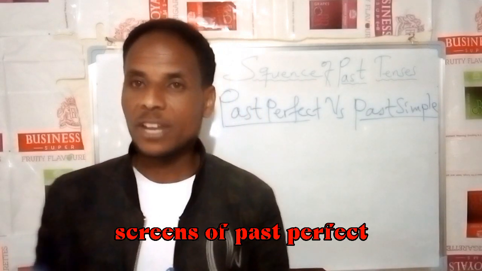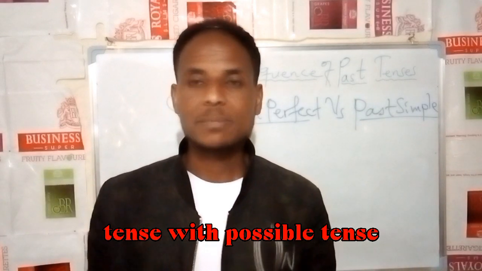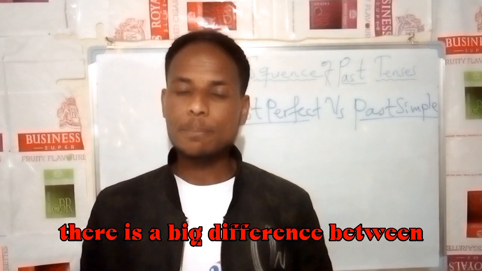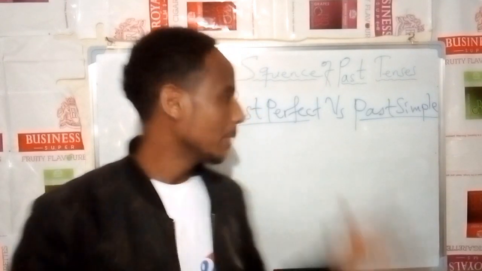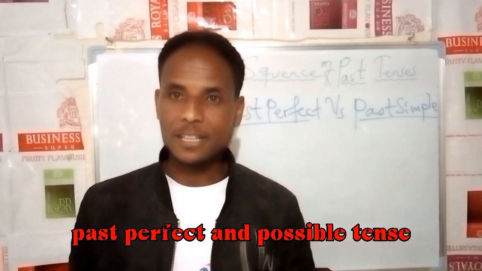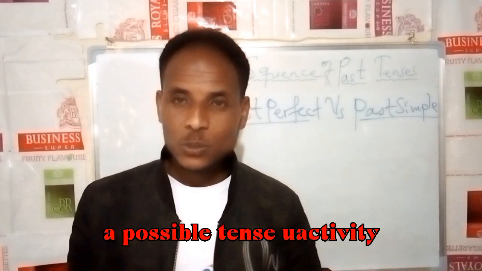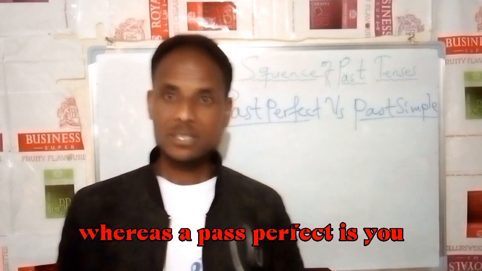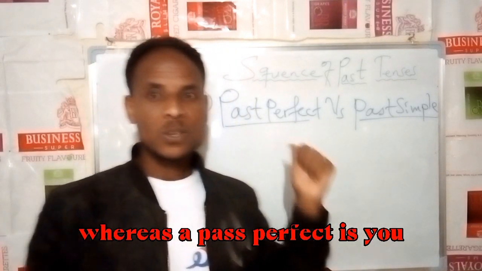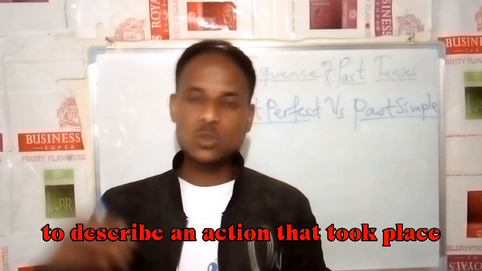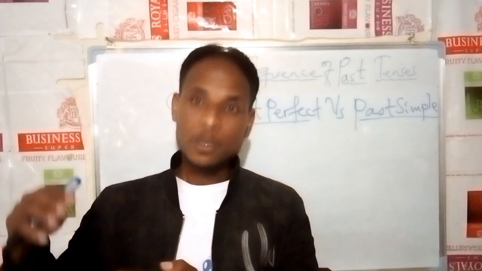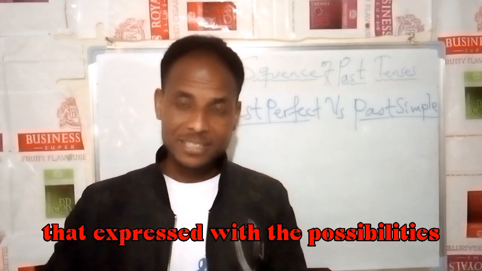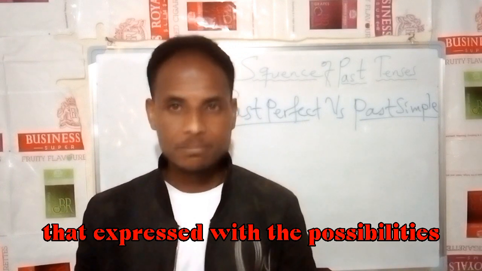Sequence of past perfect tense with past simple tense. Don't forget there is a big difference between past perfect and past simple tense. A past simple tense is used to show an action that took place in the past, whereas a past perfect tense is used to describe an action that took place before another action that is expressed with the past simple tense.